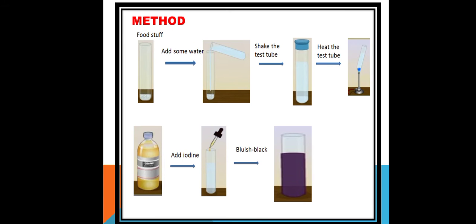The food sample turns into bluish black color. Change in the color of the food sample to bluish black confirms the presence of starch in the food sample.